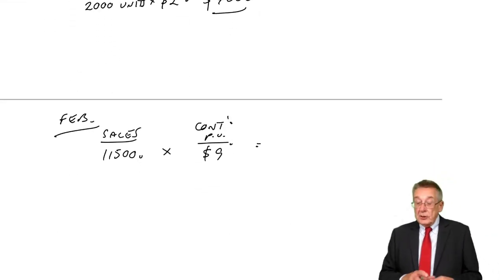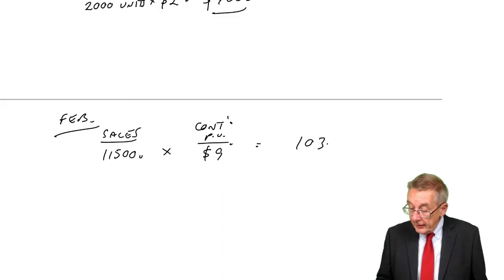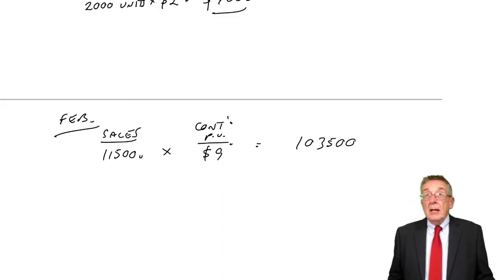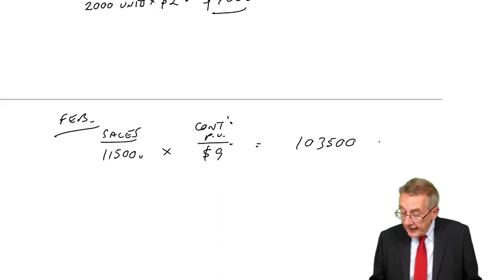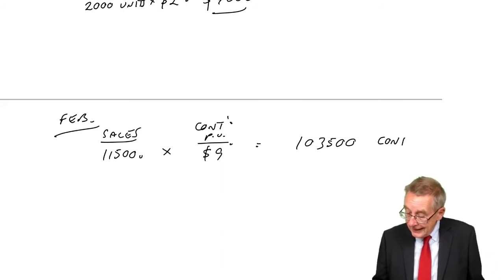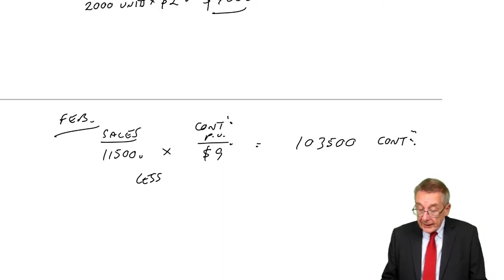And so the total contribution, 11.5 times 9, is 103,500. The contribution, that is the profit before any fixed costs. So to get the profit, simply subtract the fixed costs.